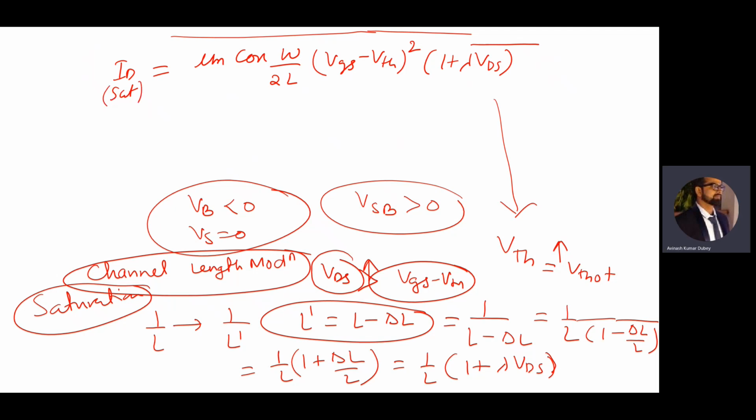That will not come into the linear region, because this occurs only when VDS is greater than VGS minus VTH. Also, we can see the GM transconductance.